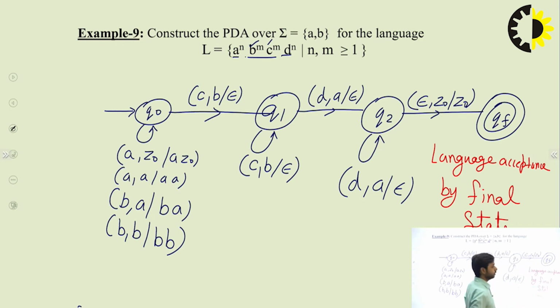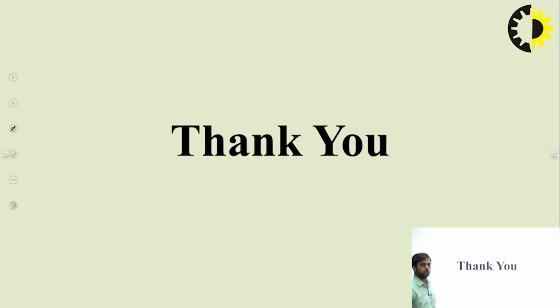Okay, so this is the required PDA corresponding to the given language, that A raised to power n, the number of A equal to the number of D, and in between, the number of B equal to the number of C. So this is the final required PDA corresponding to the language. Thank you.